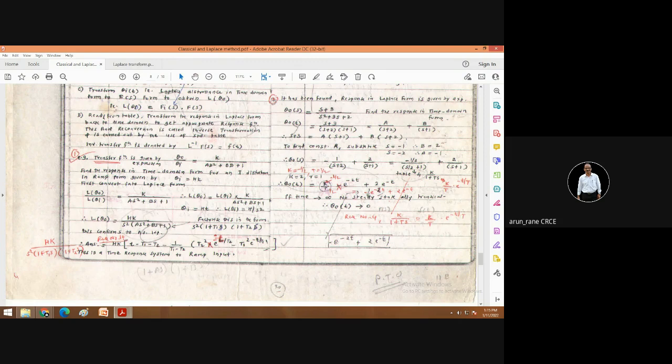So this exactly conforms to your rule number 14. S square, and this can be factorized in this form 1 plus t1s and 1 plus t2s. So this is the time response for this ramp input.